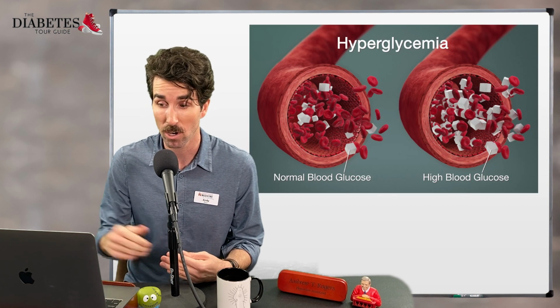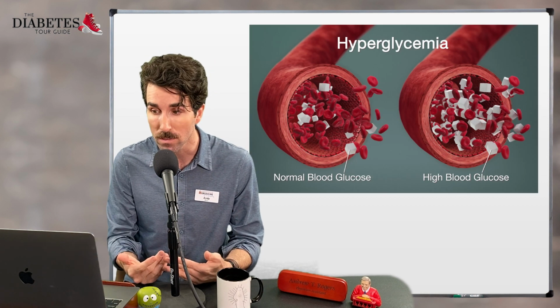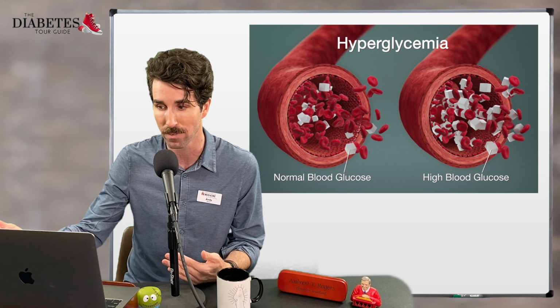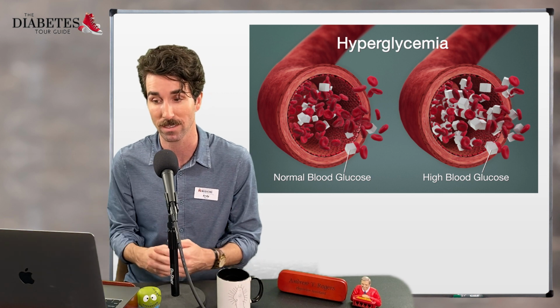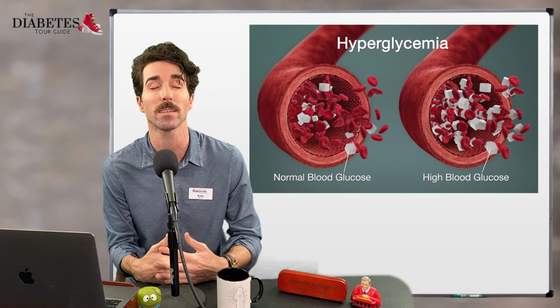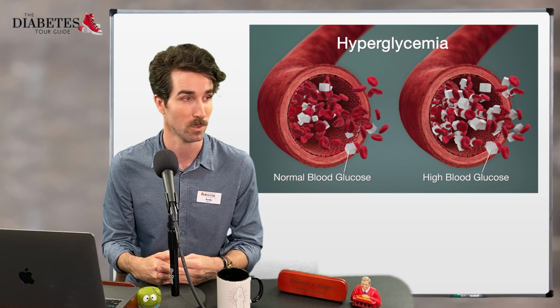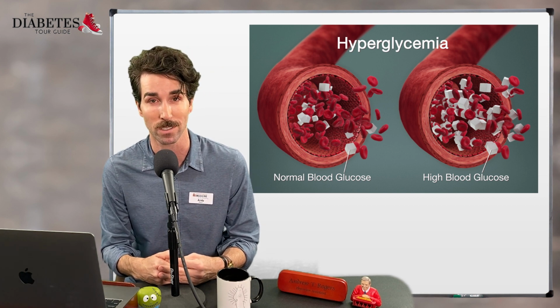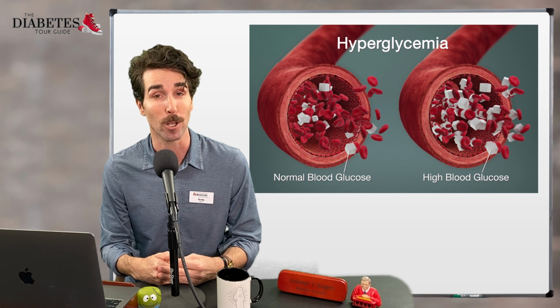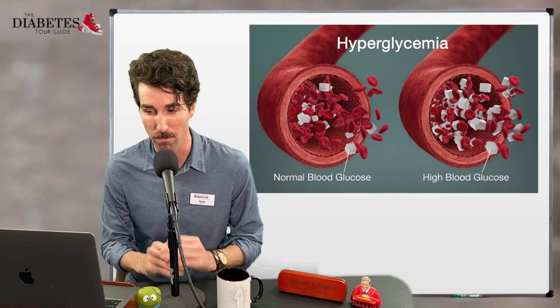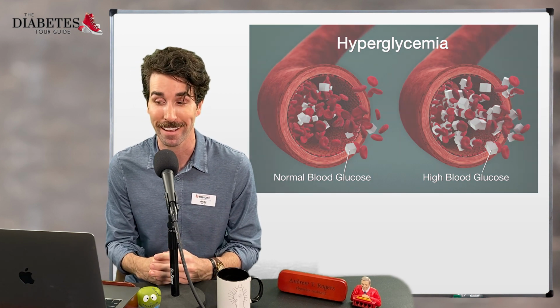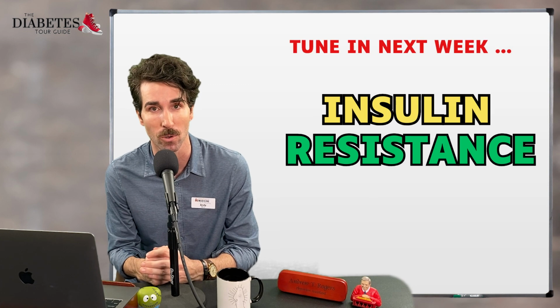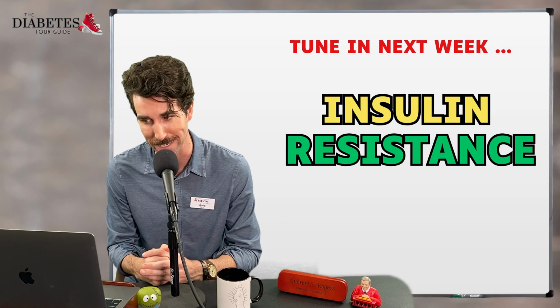So its target molecule, glucose, does not know it needs to leave the blood, and it accumulates. And this can cause a whole cascade of symptoms, which will be a very, very interesting and very illuminating stop along our tour. But we will talk about that at a later time as we continue our tour along diabetes.